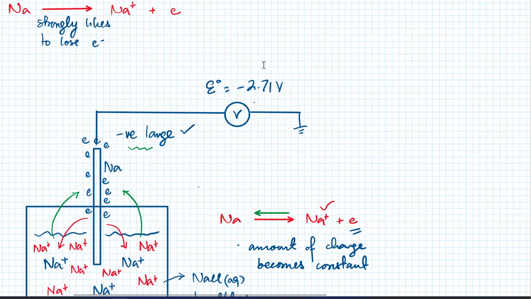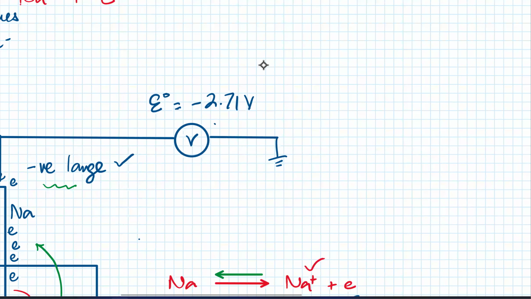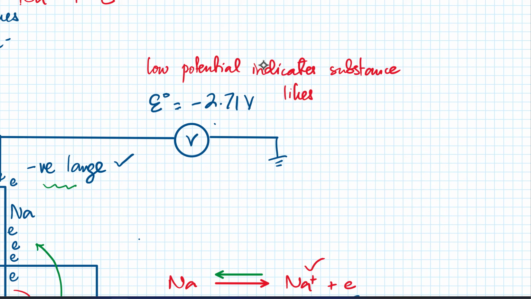So a very low voltage, or a low potential, or a negative potential, indicates that the substance likes to lose electrons. That's why your electrode was very negative. Is that clear?